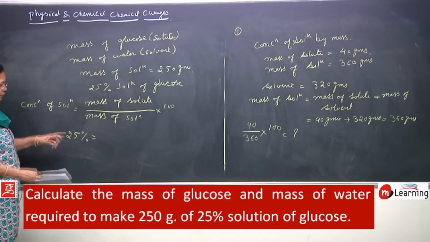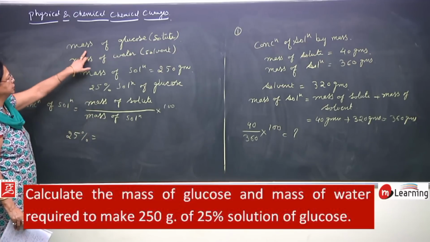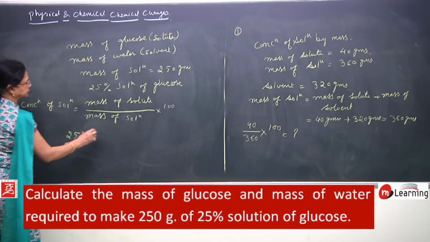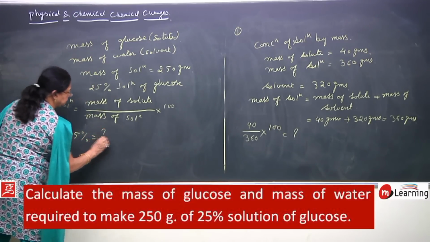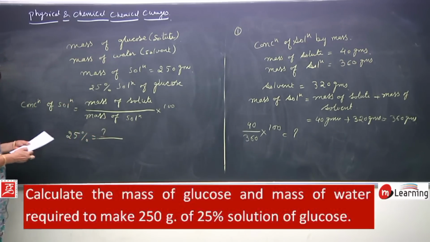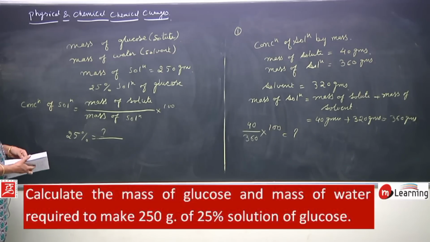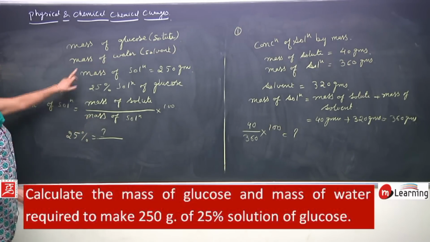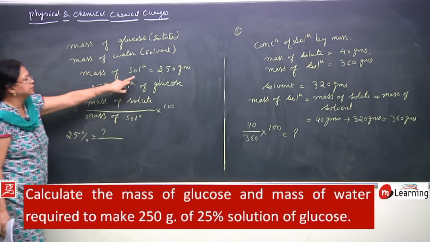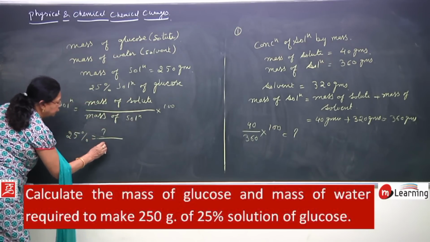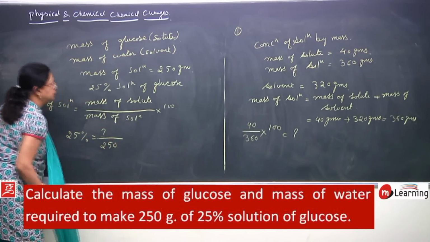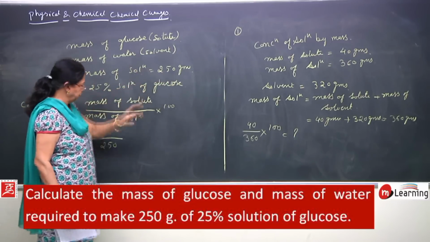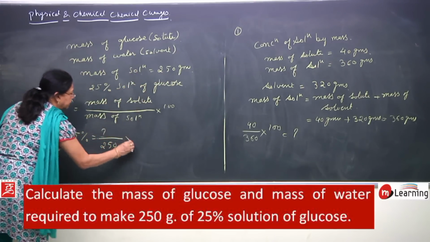Here mass of solute is equal to how much? That you have to find out, right? And next thing is mass of solution. Mass of solution is given, that is equal to 250. Here mass of solution is given, that is 250 into 100.